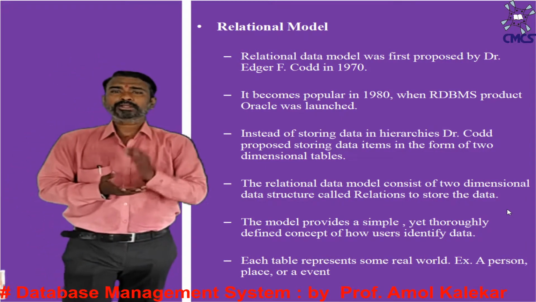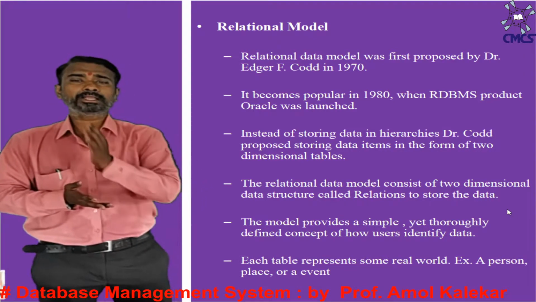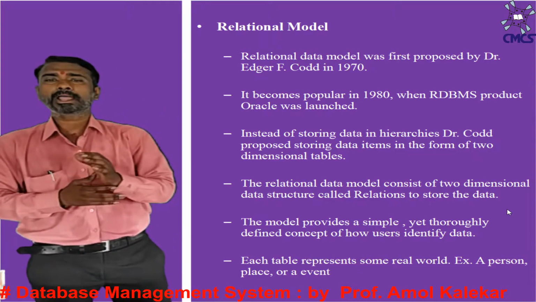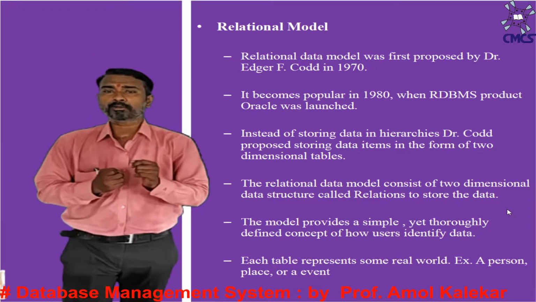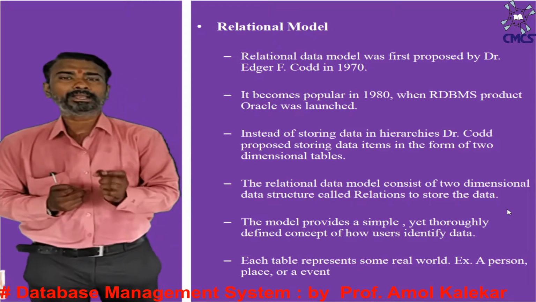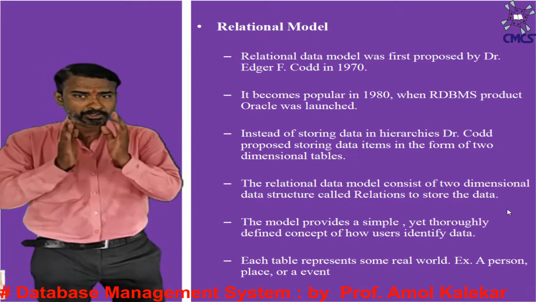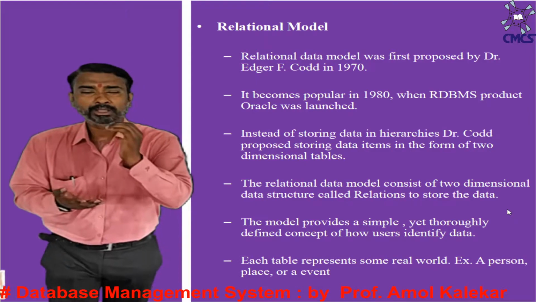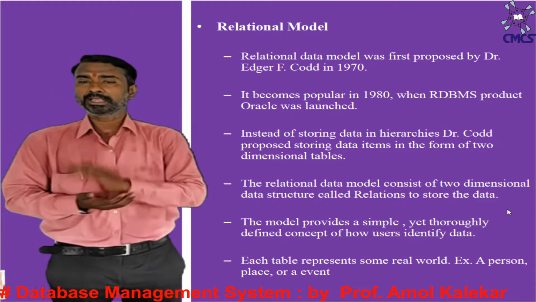So whenever you are defining the structure of a given table, you should identify the underlying number of attributes, and you should define the particular set of domains, so that whenever you are populating the domain compatible values for the respective attribute of a given table, you would obtain the underlying number of tuples or the set of rows. So the intersection of rows and attributes will give us the underlying number of tuples or the records in a given table.